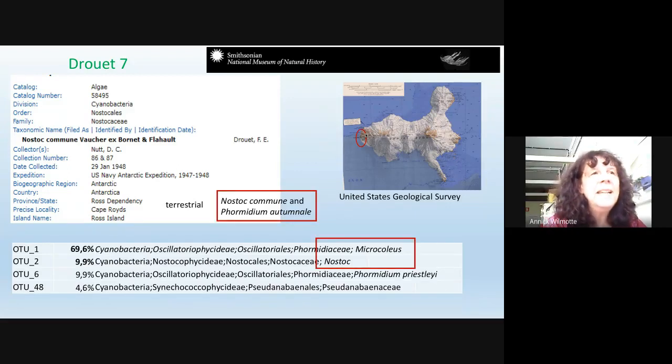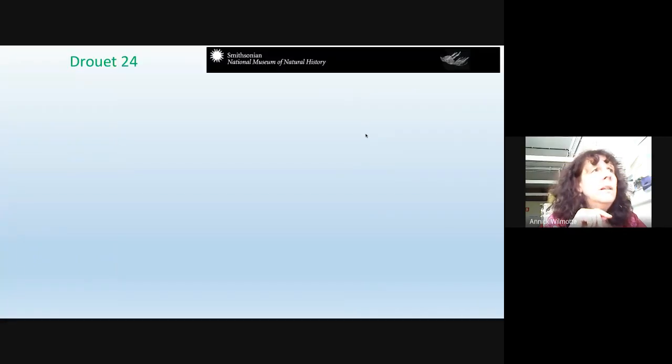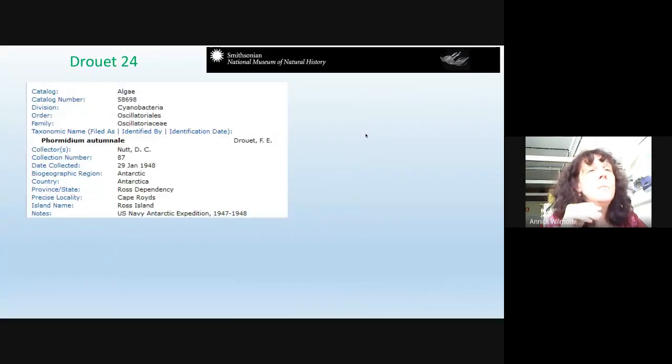We had Nostoc, and you must know that because of taxonomic revision, a lot of Formidium autumnale is now merged into Microcoleus. So it could be that at that time, both were mistaken. So the tree will show that again with Microcoleus and Nostoc present. Next is the next sample comes from the same place, the same day, the same person.